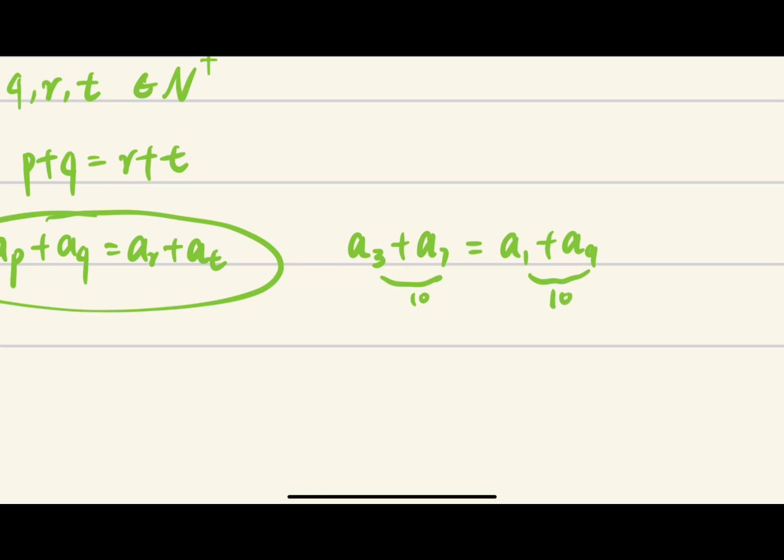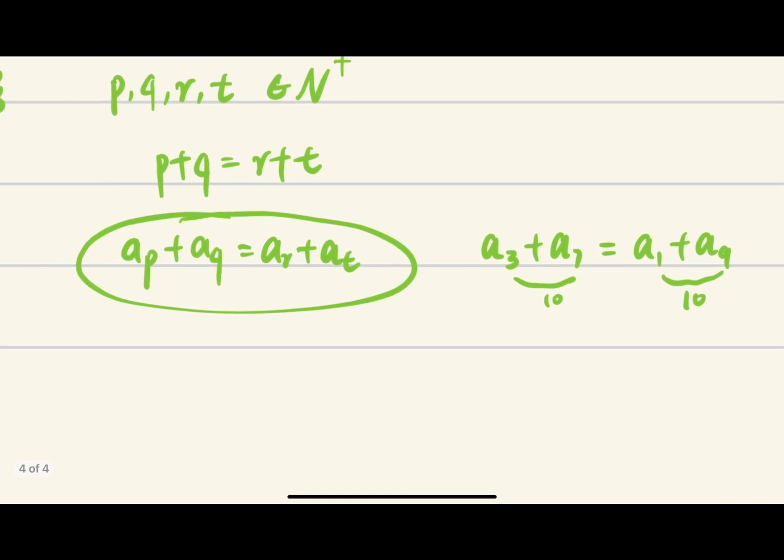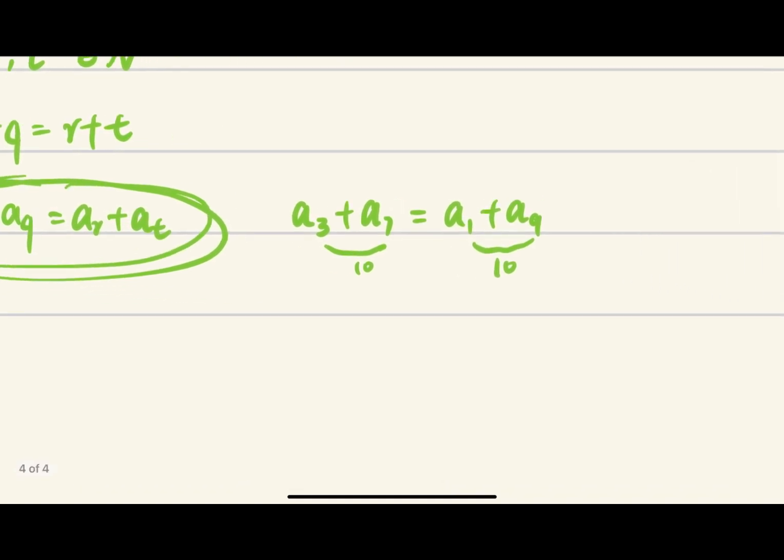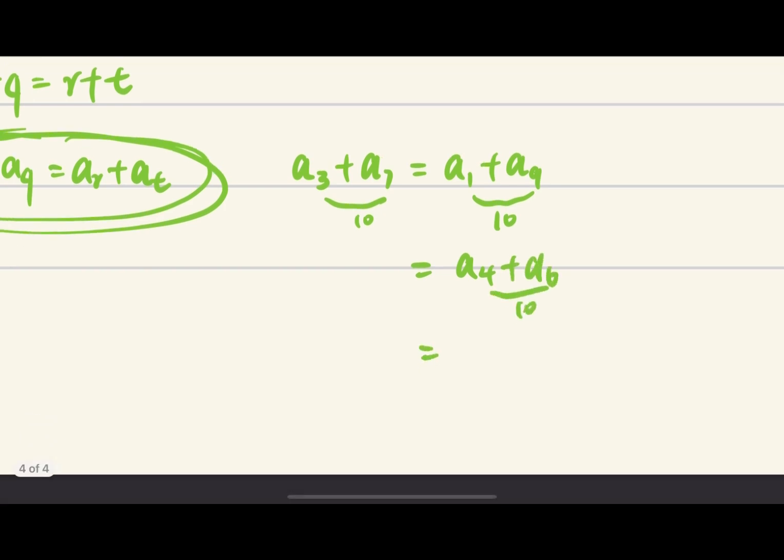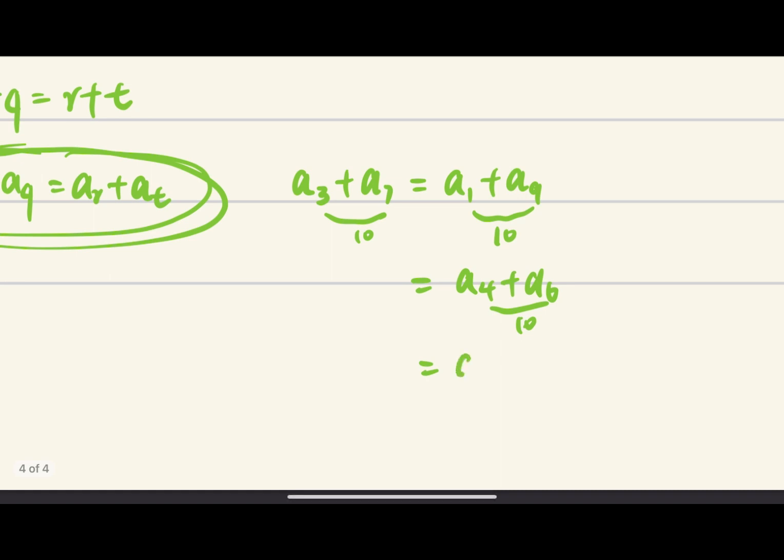So if the subscripts add up to the same number, you can apply this trick. That also equals, let's say, A4 plus A6, which also gets you 10. And it also equals A5 plus A5, which is 2A5.